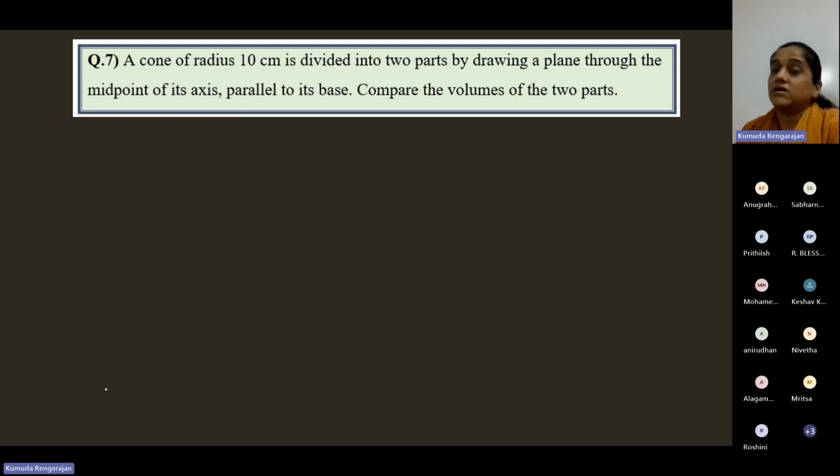Similarly, we have similarity criteria. We'll only see one for this answer. I'll just tell you about the AA, also called the AAA, similarity criterion. This is used to show that two triangles are similar. Why do you use SSS?